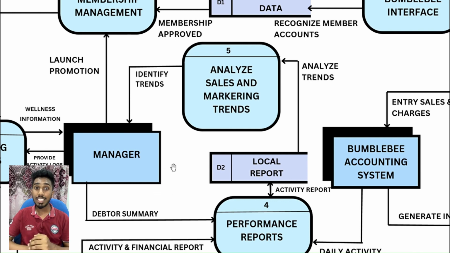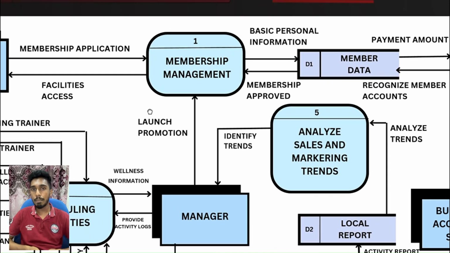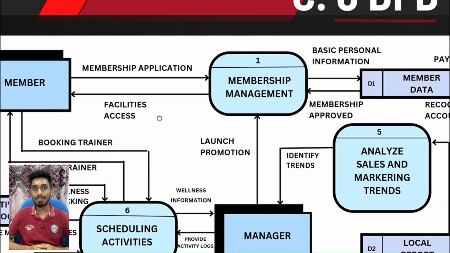So, the manager uses the information stored in the local report store to analyze the market trends. Process 5 will analyze the sales and market trends and provide information about market trends to the managers so that managers can launch promotions to gain more members for the fitness center.